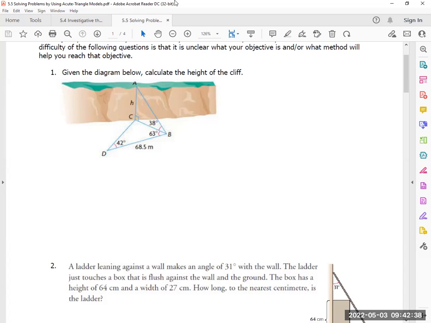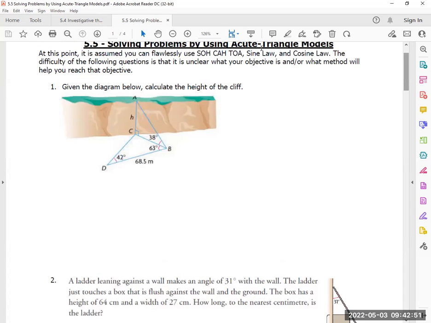Please consider this. Given the diagram below, calculate the height of a cliff. So watch this. Let me read the entire part. At this point, again, assuming that we would have kept up with the schedule, I am assuming you are able to do SOHCAHTOA, that you have the ability to do sine law, and you have the ability to do cosine law.